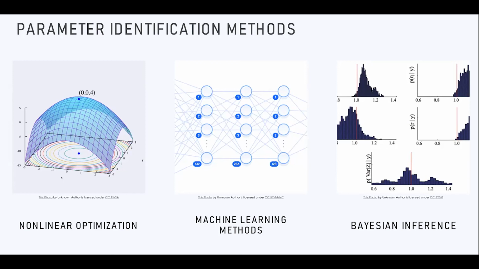A very common approach for parameter identification or model fitting is machine learning methods. There you would, for example, train a neural network model that would have maybe thousands of parameters that would regenerate or capture the experimental data. But there are a couple of limitations there as well.